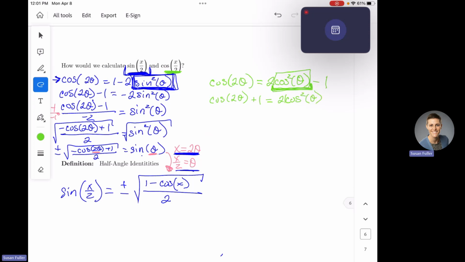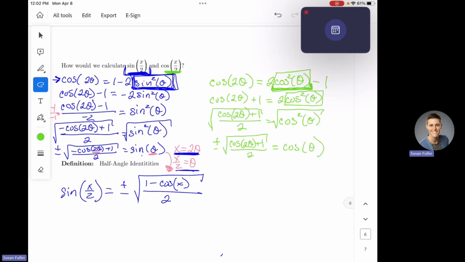And again, I want cosine of theta by itself, so I'm going to divide both sides by 2. That's going to give me the cosine squared of theta over here. And now I'm trying to get cosine by itself, so I'm going to square root both sides. And so I get plus or minus the square root of the cosine of 2 theta plus 1 over 2 is equal to the cosine of theta.